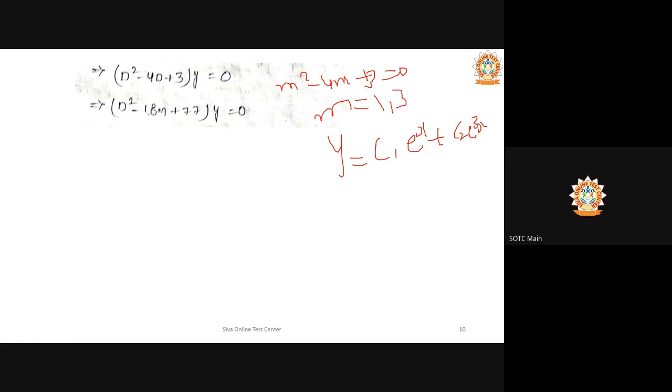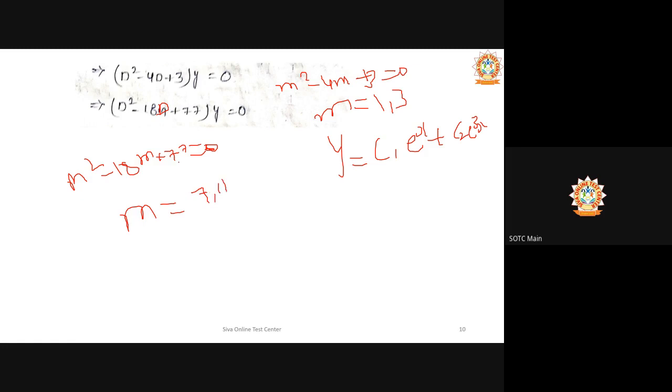D square minus 18D plus 77. So m square minus 18m plus 77. So tell me what the roots will become. 77 is 11 into 7. Yes, sir. Minus 11 into minus 7. So your m will become 7 and 11.